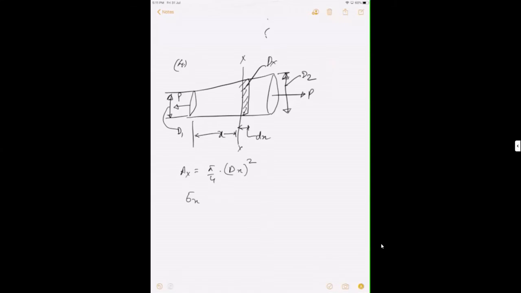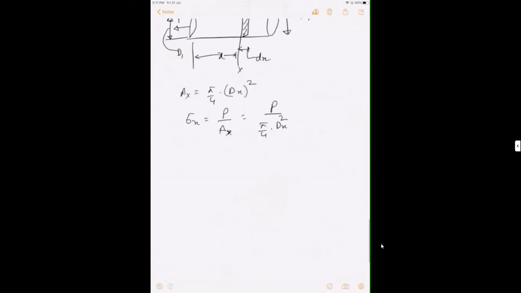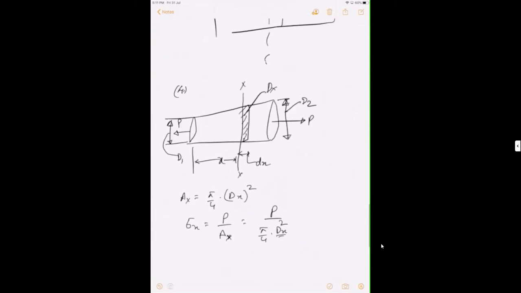Now sigma x will be P upon Ax, that is P upon pi by 4 into dx square. Now what is this dx? I want to calculate my dx, which is at section XX.